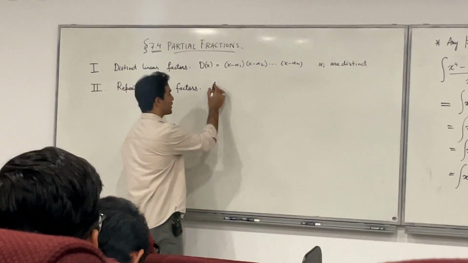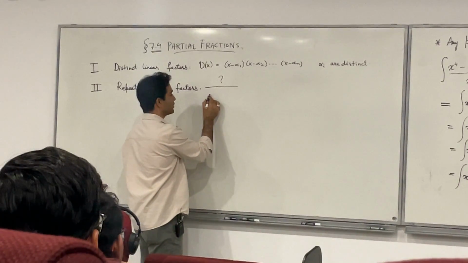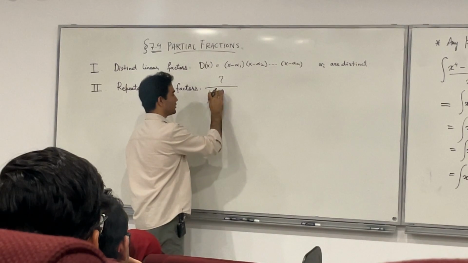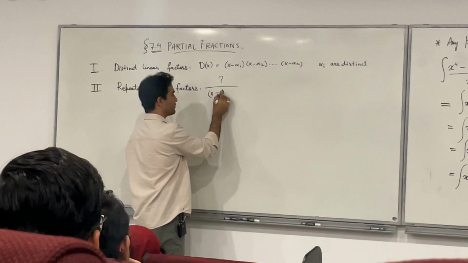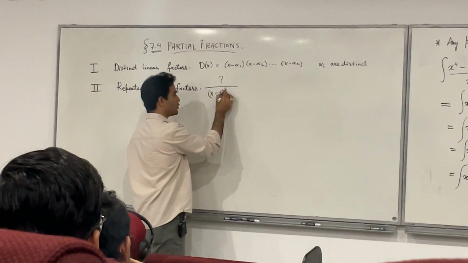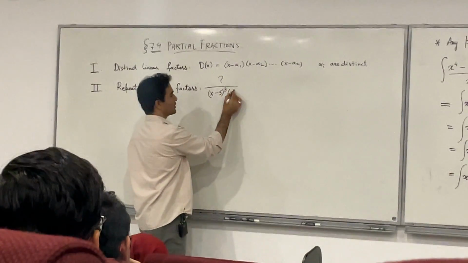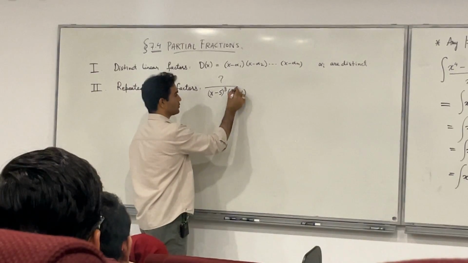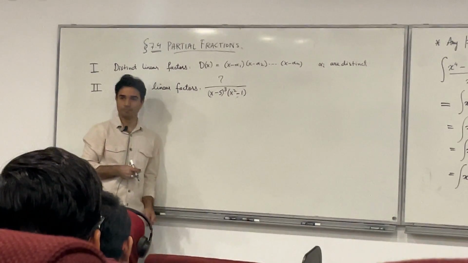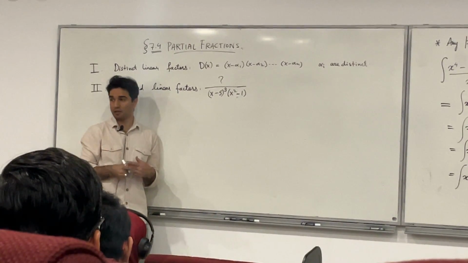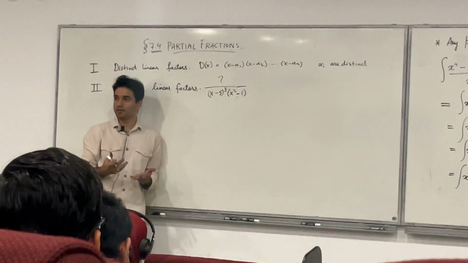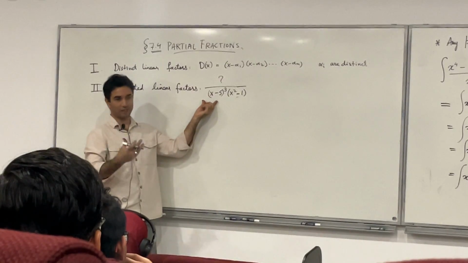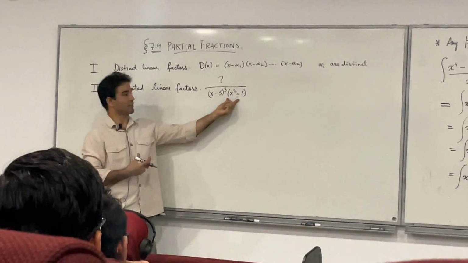For example, I could have some expression over x minus 5 cubed times x squared minus 1. It may be that the factors you get are x minus 5, then another x minus 5, then another x minus 5, and then an x squared minus 1.